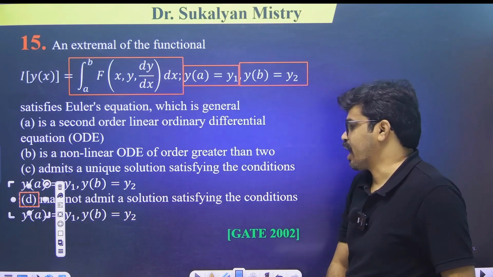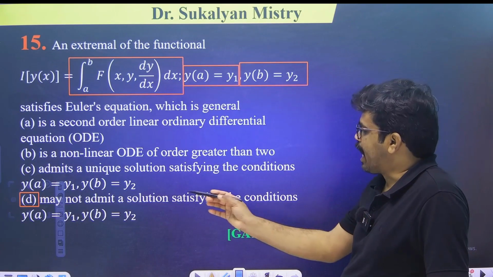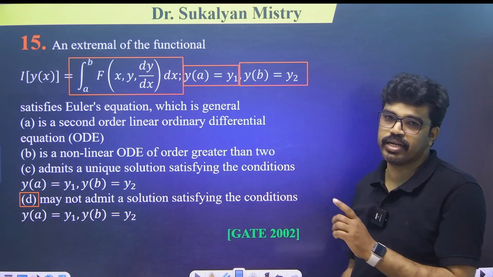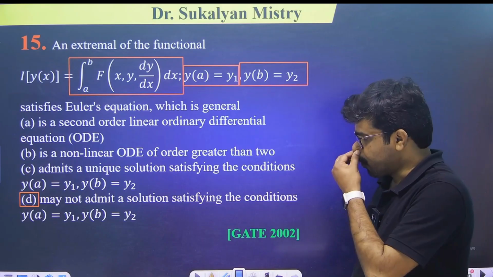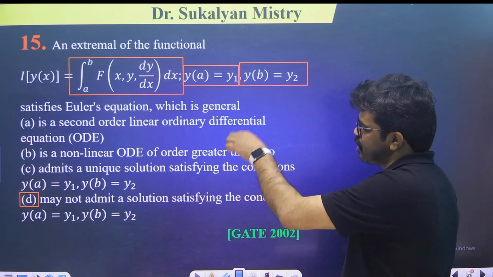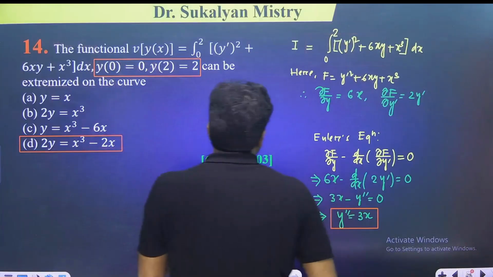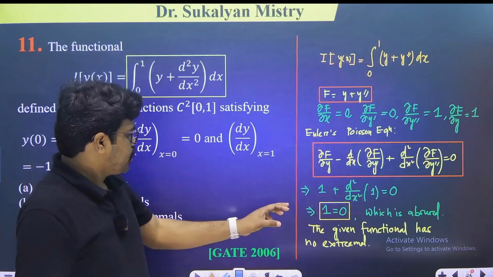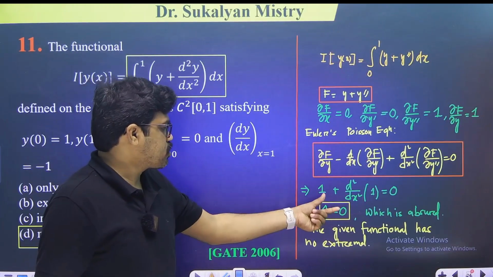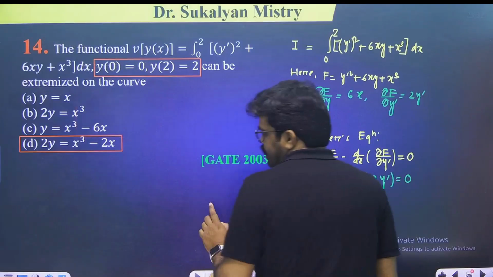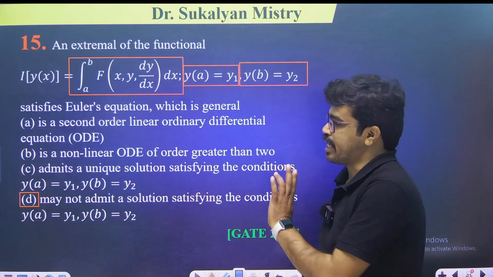Option D is the correct answer: it may not admit a solution satisfying the given condition. Euler's equation does not always give a solution.